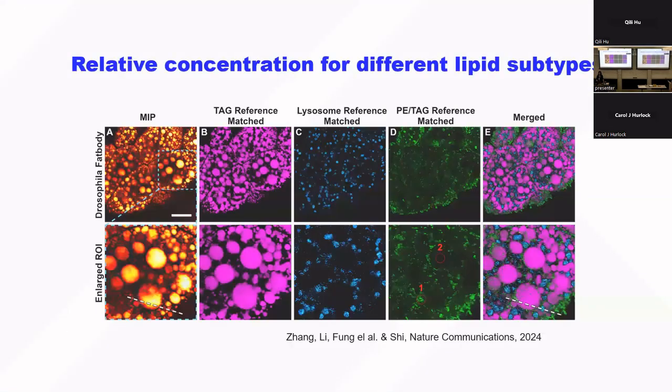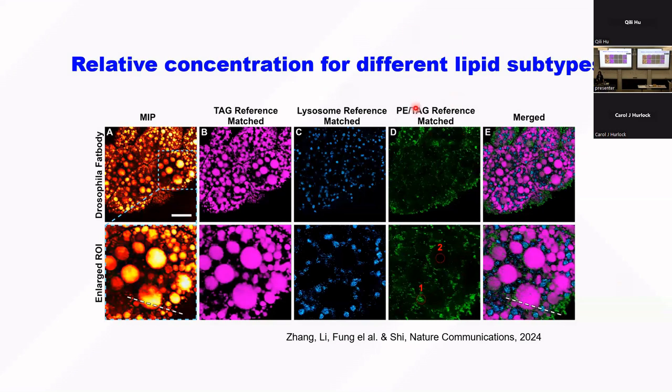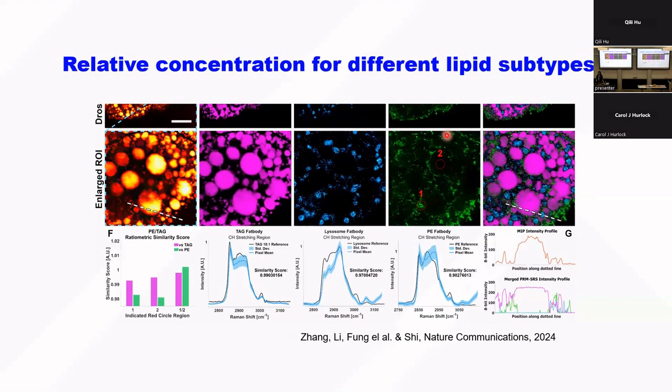And we can also apply this to do different lipid subtype detection for other types of tissue. This is a fat body tissue from Drosophila, and it's at the organelle level. The cyan color here shows an organelle called the lysosome in the cell. So these lysosomes have a different molecular composition inside.